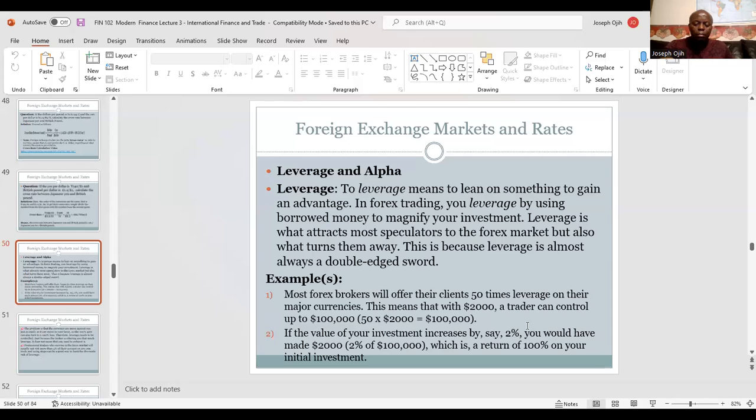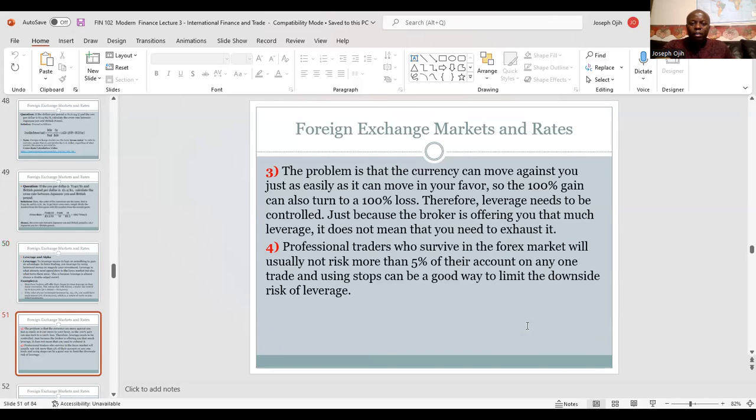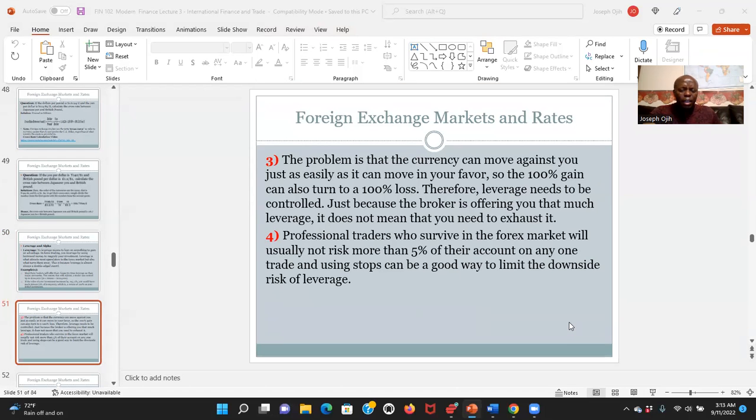So the problem is that currency can move against you just as easily as it can move in your favor, like I explained in my example. The fact that the broker is offering you that much leverage doesn't mean that you have to use it.